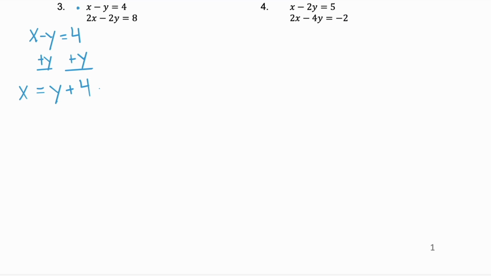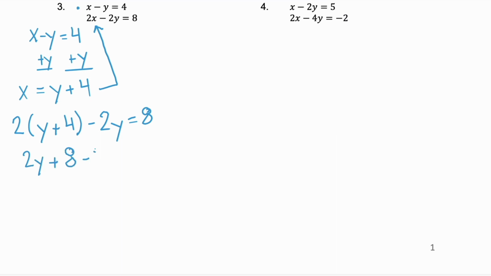Now we can substitute that into the second equation in terms of our x. So 2 times our x, which is now y plus 4, minus 2y equals 8. Distribute that 2. We have 2y plus 8 minus 2y equals 8.